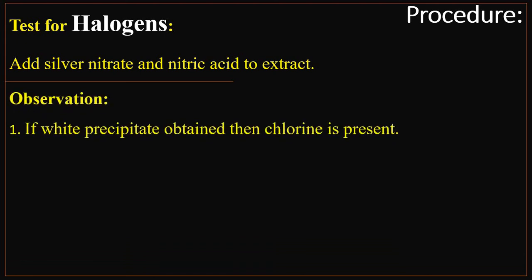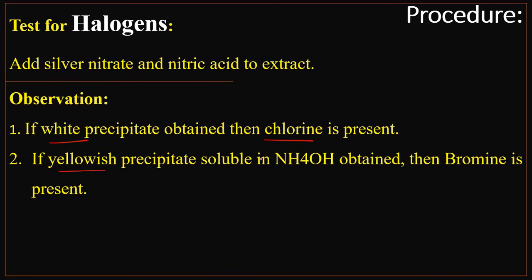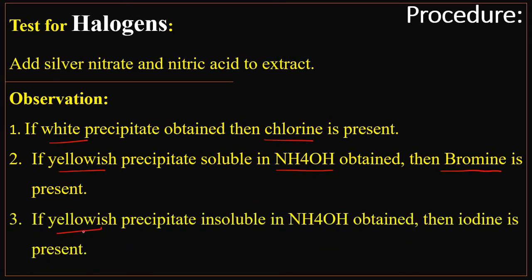If a white precipitate is obtained, then chlorine is present. If a yellowish precipitate is obtained, which is soluble in ammonium hydroxide solution, then bromine is present. And if a yellowish precipitate is obtained, which is insoluble in ammonium hydroxide solution, then there is a presence of iodine.